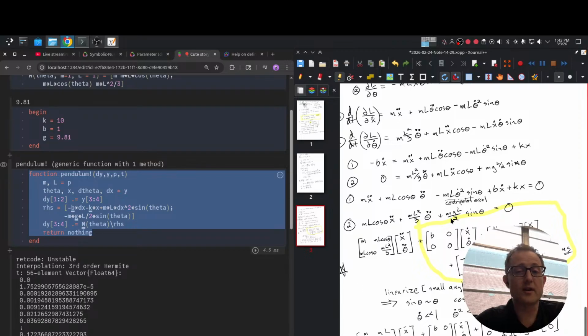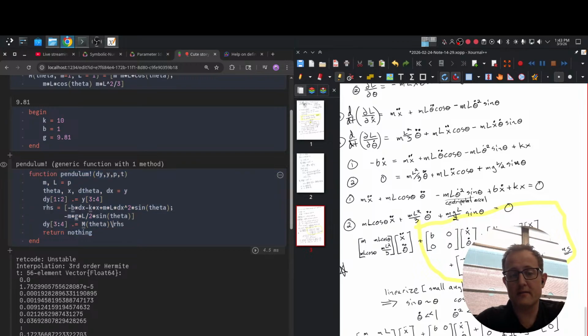I was trying to show how we can use numerical methods to actually solve this problem. And this is the general way of doing that. I have this mass matrix, a 2 by 2 m. And then I have these equations describing the acceleration. So I can take this m, it's a function of theta, and solve for those x double dot, theta double dot.